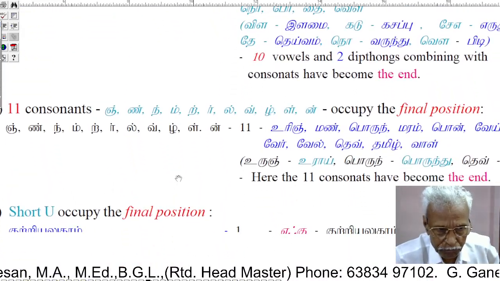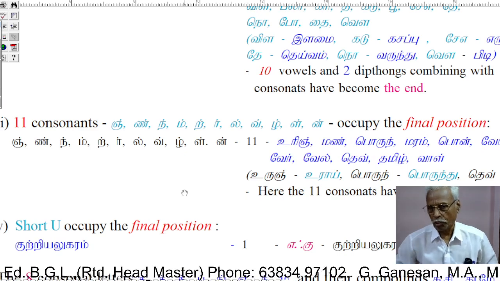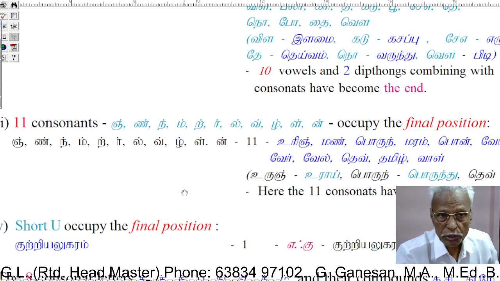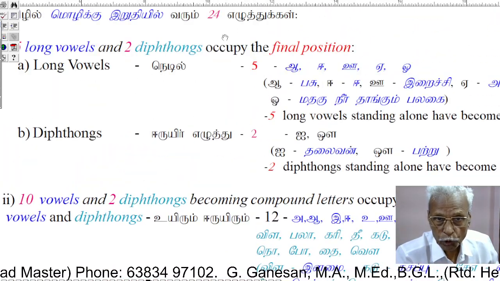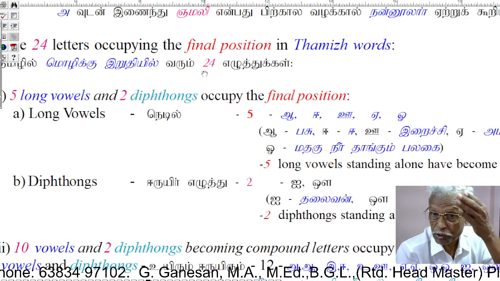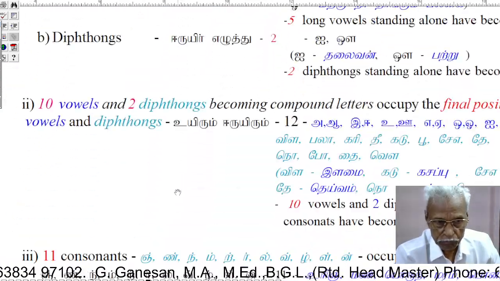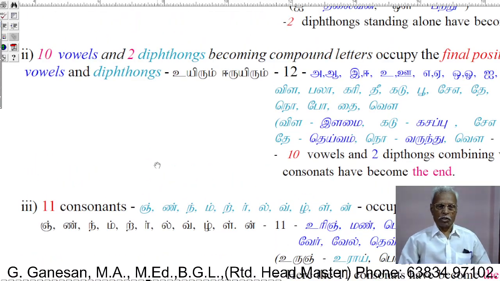Third, these 11 consonants, as I have already told you, that is the 24 letters, could occupy the final position in a word. You have already seen the 10 vowels and 2 diphthongs.